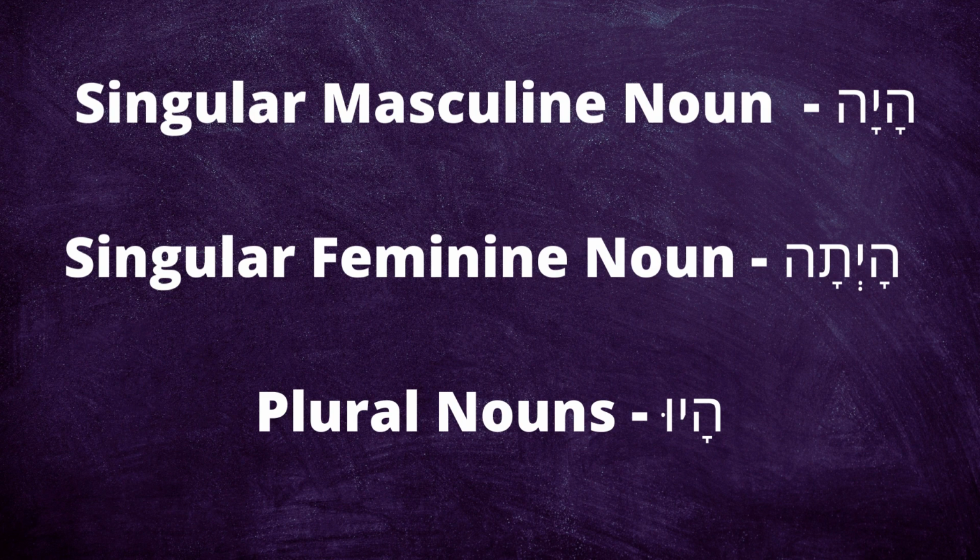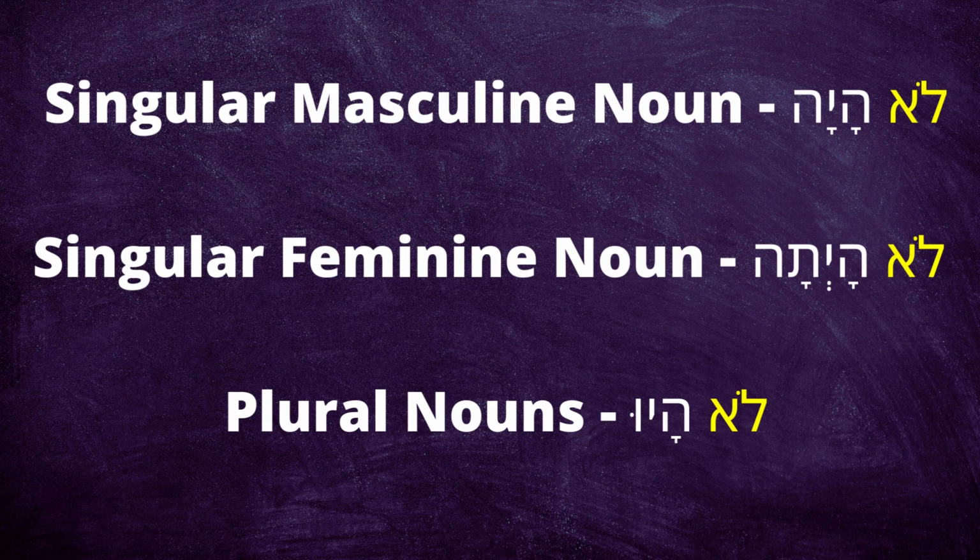We will use hayu when referring to multiple nouns. Here, you don't have to adjust hayu to the gender, as it covers both masculine and feminine nouns. When you'd want to use the negative forms, simply add the word lo to all the above. Lo haya, lo haita, lo hayu.